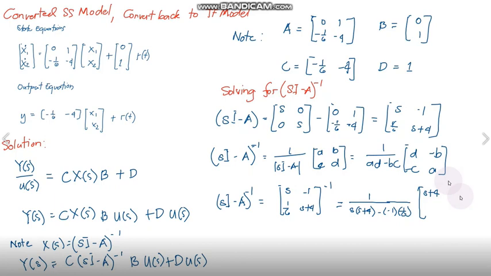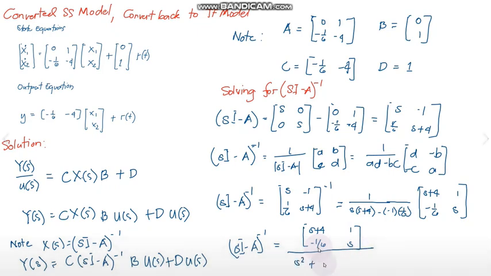And the adjoint will be s plus 4 here and s here; notice that A and D interchanged. The negative 1 will be positive 1, and the negative 1/6 will become negative, since it was originally positive. Simplifying, our inverse of sI minus A would be [s plus 4, 1; negative 1/6, s] all over s squared plus 4s plus 1/6.